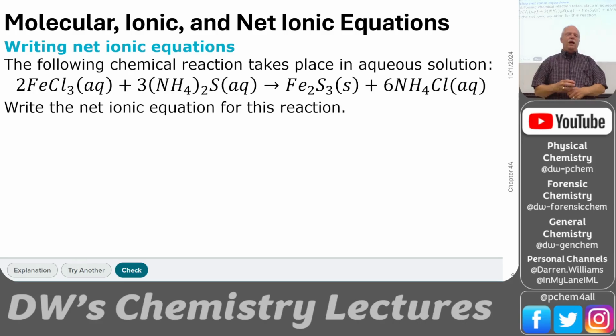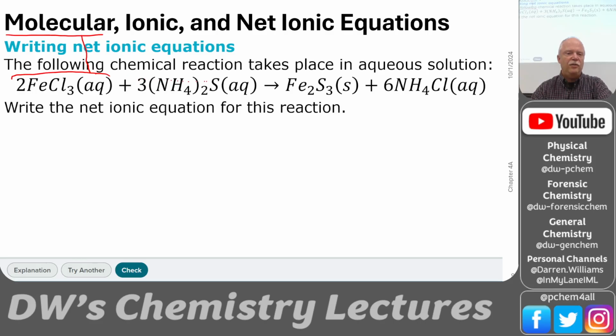So this one says write the net ionic equation for this right here. The following chemical reaction takes place in aqueous solution. Write the net ionic equation for this reaction. So look at that equation. That is the molecular equation. Notice that this says aqueous, and yet it's written as if it's a molecule that's still together.